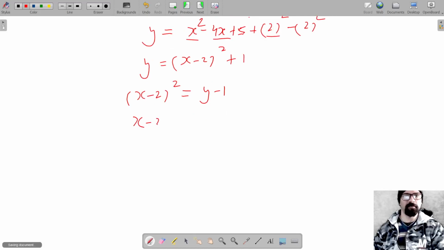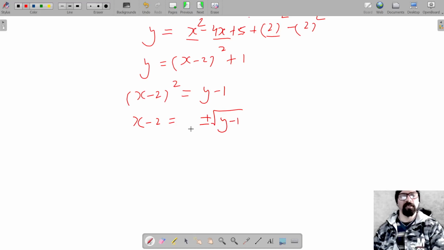And I can write it as x minus 2 is equal to plus or minus the root of y minus 1. Now let's take 2 to the other side. So x is equal to 2 plus or minus the root of y minus 1.